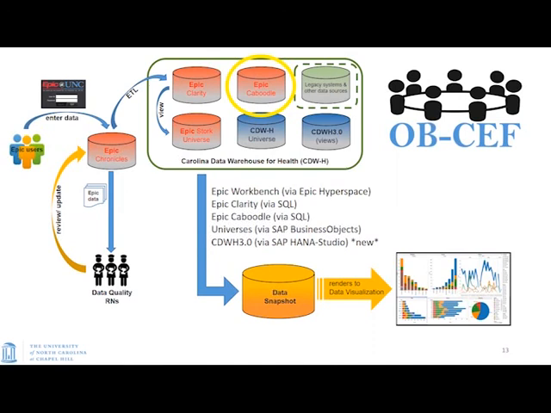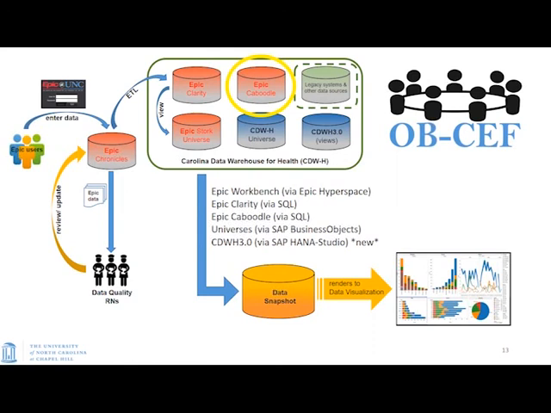So since they're the experts, they said, well, we can build that data warehouse and that will benefit every hospital that is using Epic. And I think it does. Epic Caboodle is more oriented towards the user, the clinician. It's a dimensional model, but again, everything is fed from Epic Clarity, which is a relational database. And Epic Caboodle is basically a data warehouse that is in an RDBMS, a relational database management system.